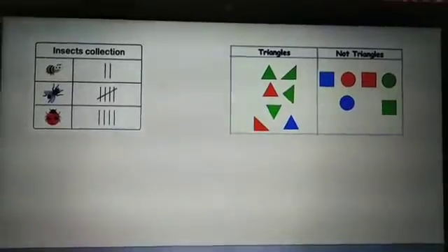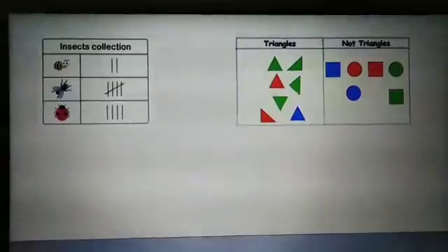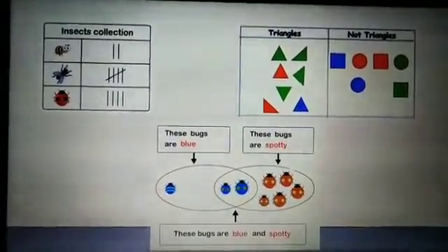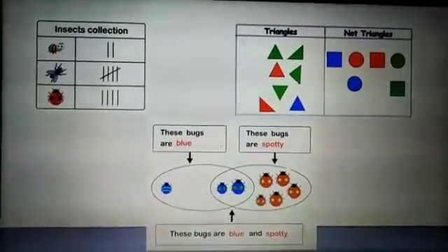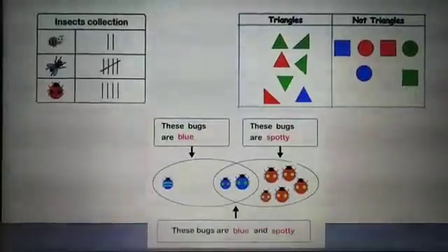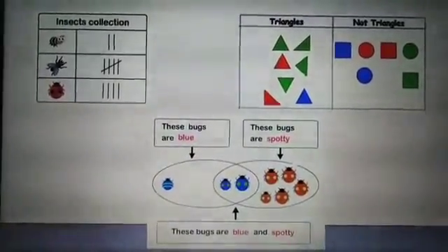The first group is labeled A and the second group is labeled not A. The last type of chart is the Venn diagram, and in a Venn diagram we have two circles, circle A and circle B, and the overlap between A and B is called A and B.